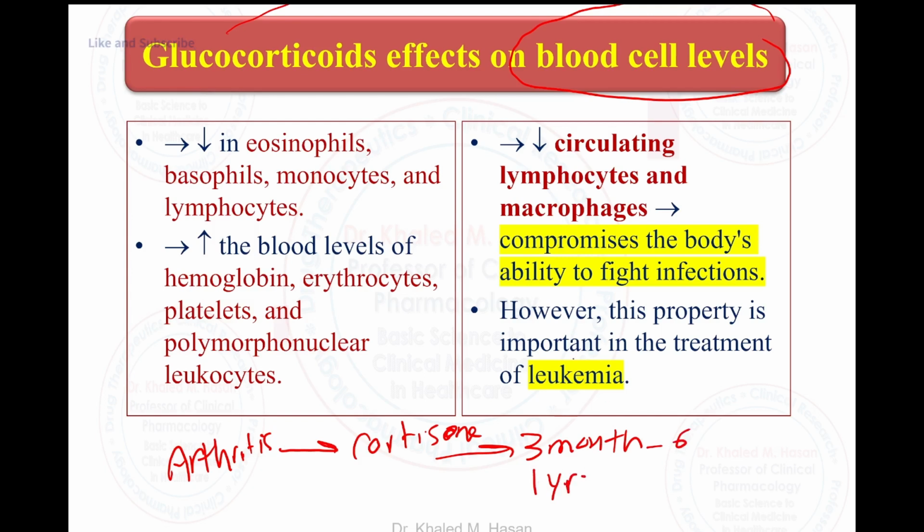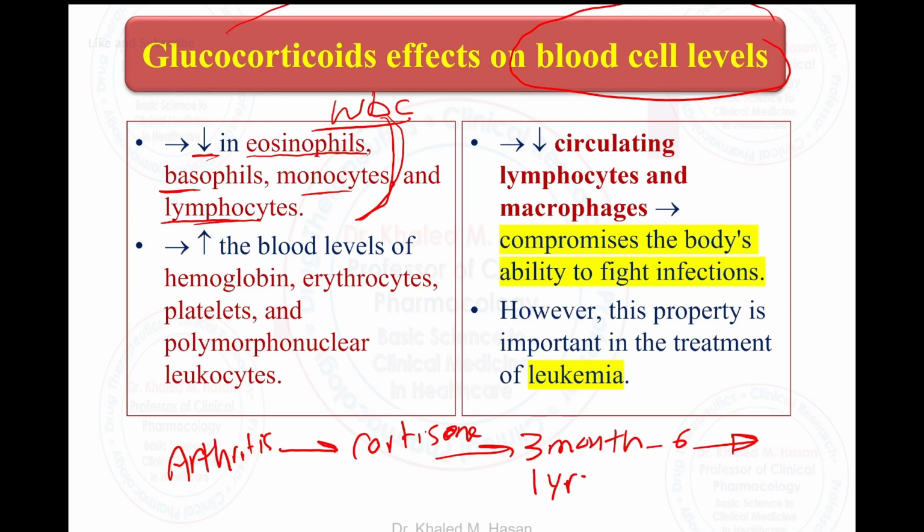If you ask a patient to do a blood test, you can see that eosinophil will be decreased, basophil will be decreased, monocyte will be decreased, lymphocyte will be decreased. All these cells belong to the WBC, white blood cells.